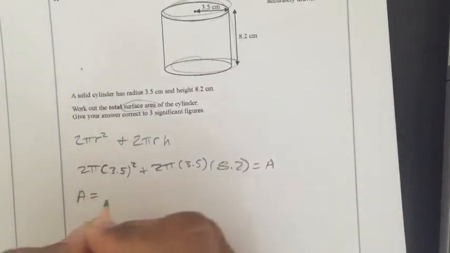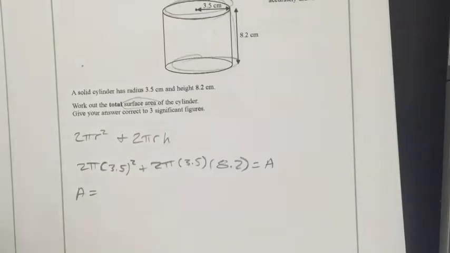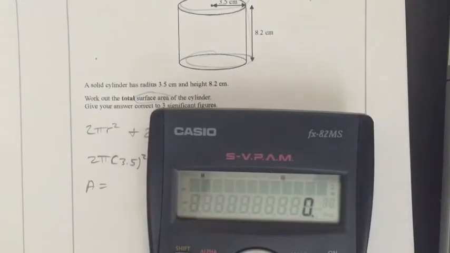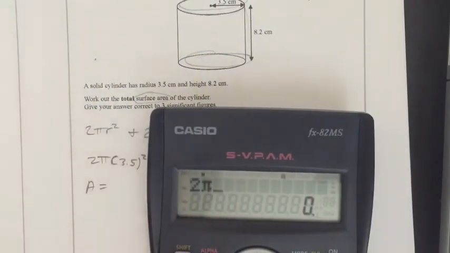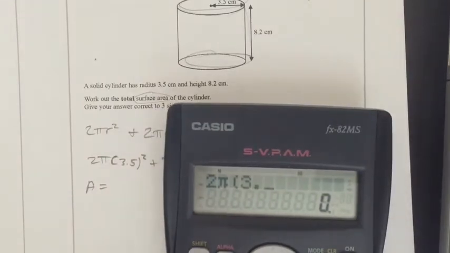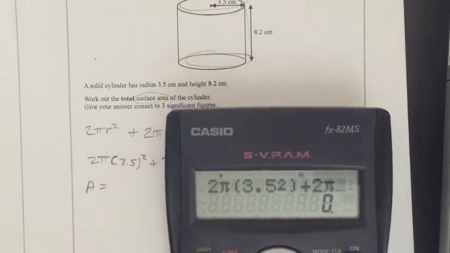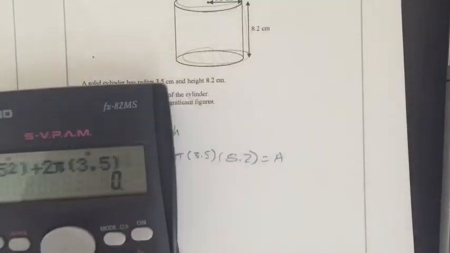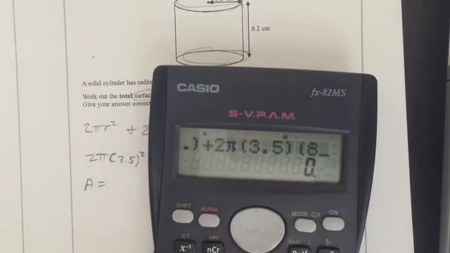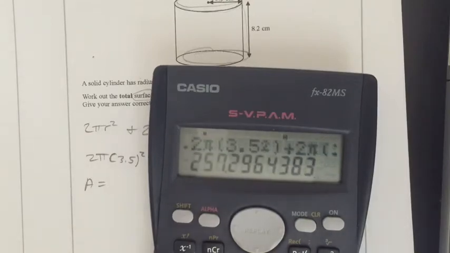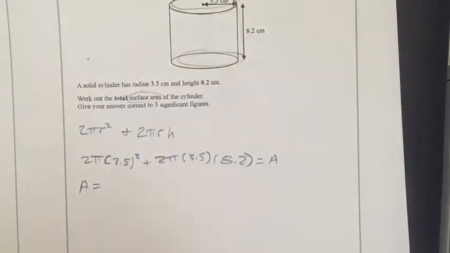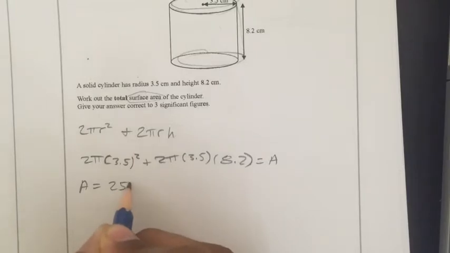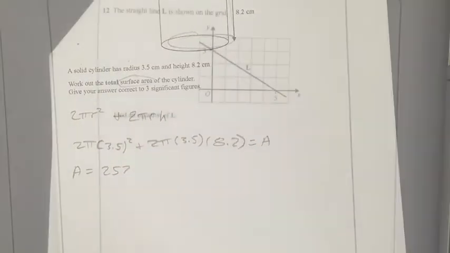So area equals, if you just put this into the calculator, 2 pi times 3.5 squared plus 2 pi times 3.5 times 8.2 gives us 257 to three significant figures.